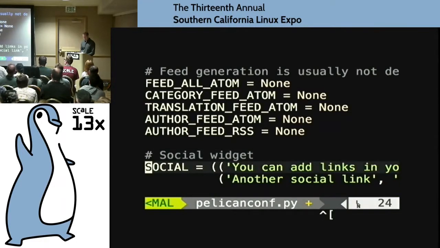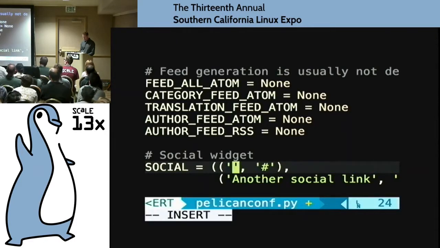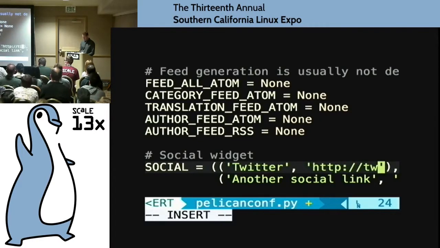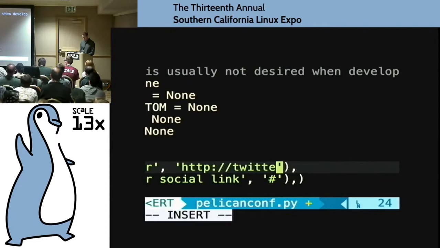And then I'm going to add just a couple of, let's see here, we'll add a Twitter link so that folks can see. All right, and we're adding, there we go.